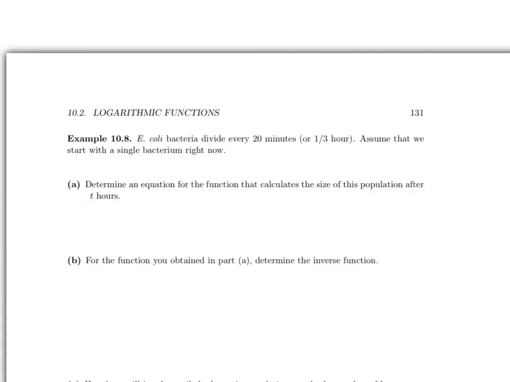Well, notice that the bacteria divide every 20 minutes. That suggests that the population is doubling in size every 20 minutes. If the population is doubling in size, that corresponds to a factor of 2. Now, it's growing by a factor of 2 every 1/3 of an hour, so that suggests that our delta x, our time period, is 1/3 of an hour.